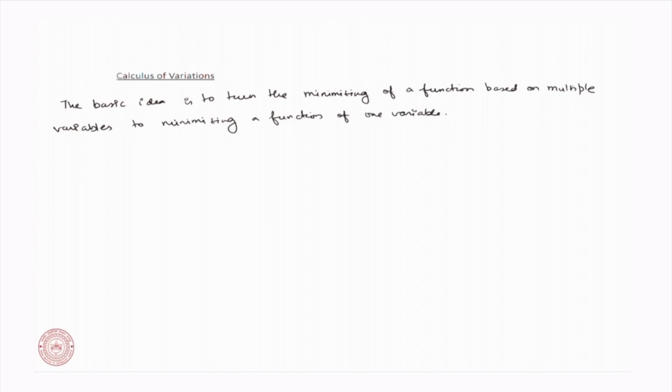Okay. Our functional E was a function of x, u and u prime. We are trying to convert this functional into a function that depends on just only one variable. Okay.